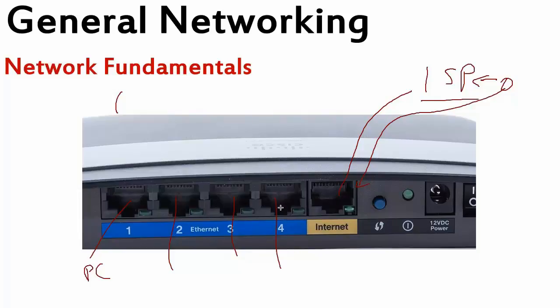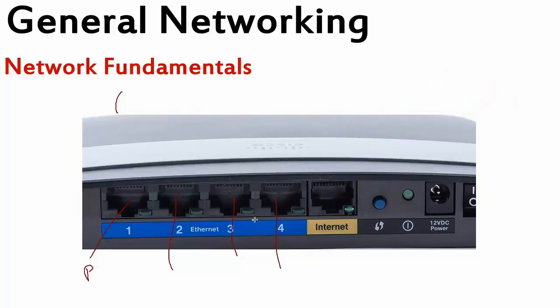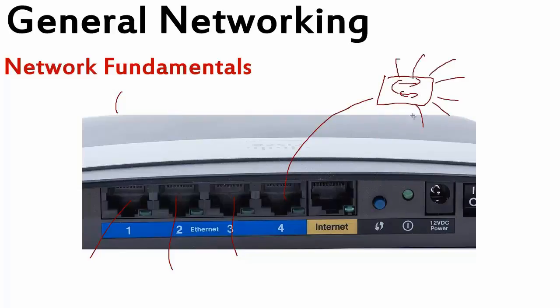Again, if you don't have enough ports, you can say, okay, then I will take port number 4 and buy a switch. And the switch will allow me to connect additional devices. What you have to bear in mind is that this is a single link.